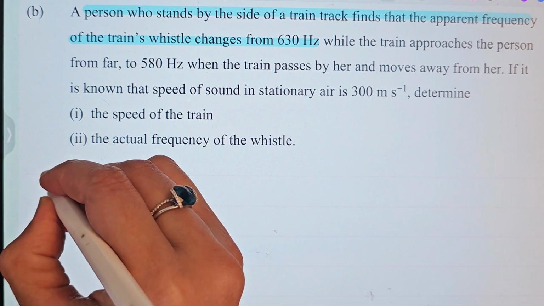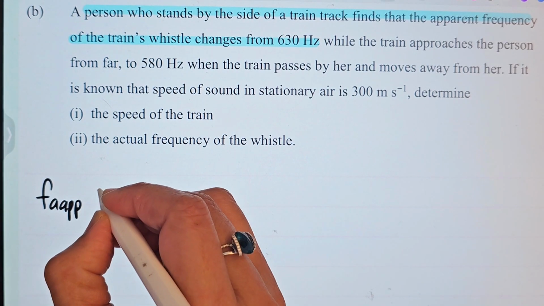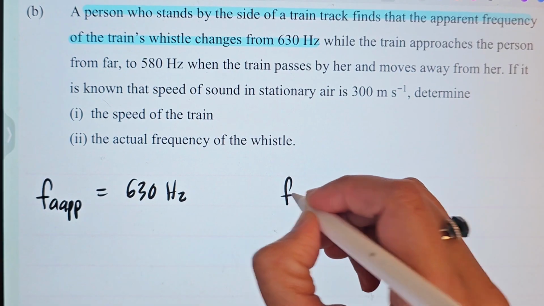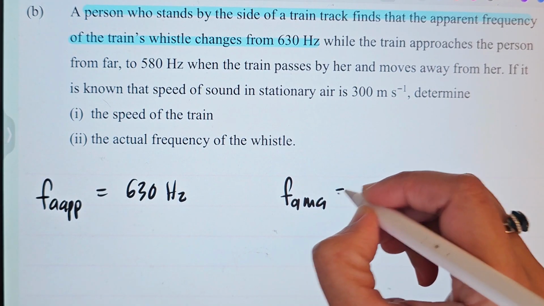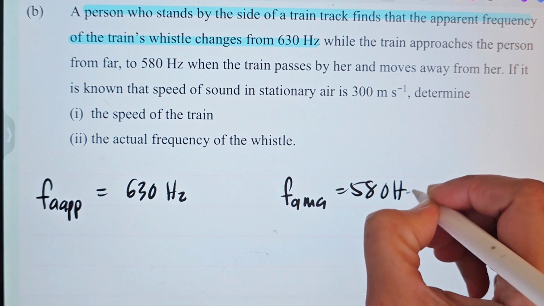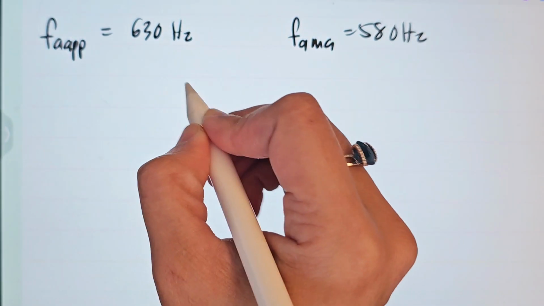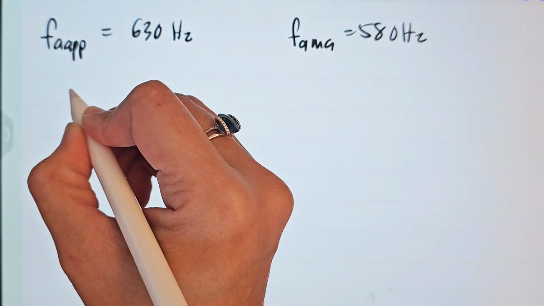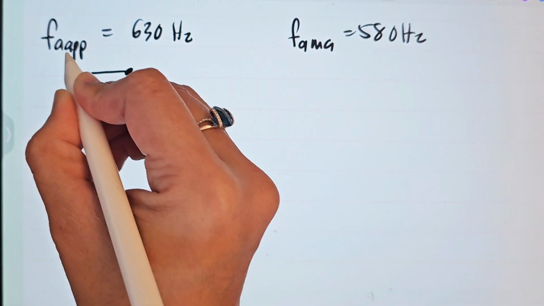So I'm going to say the apparent frequency of the approach is 630 Hz, and the apparent frequency of moving away is 580 Hz.